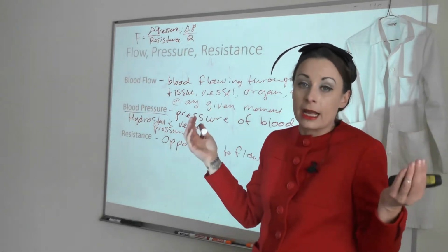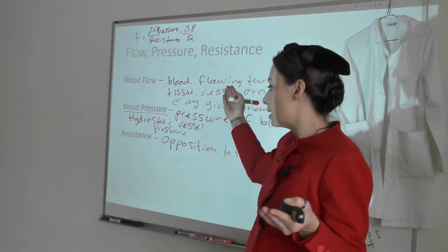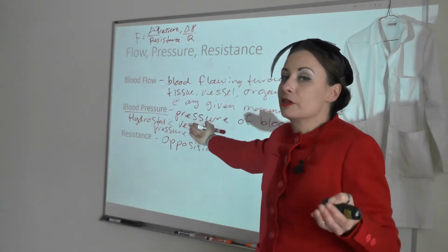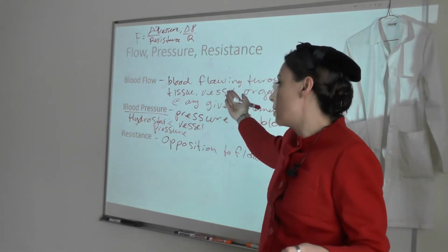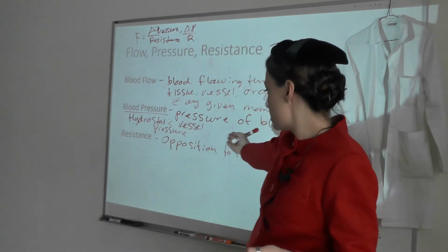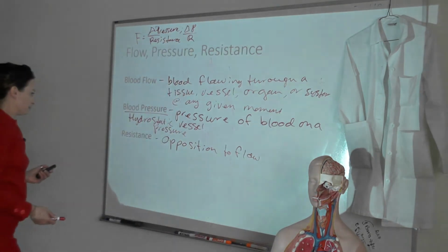Yes, it's going to stress your cardiovascular system, but it's not deadly as quickly as losing blood flow. So that's what we're going to focus on, the relationship of blood pressure to blood flow. But we need to be aware that as we encounter resistance, that's going to decrease blood flow in the system. Okay.